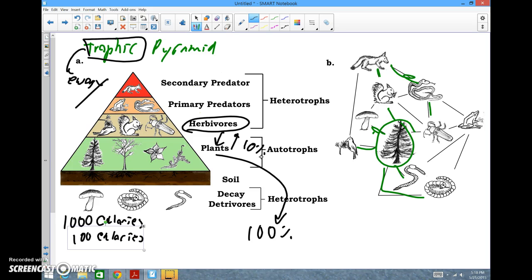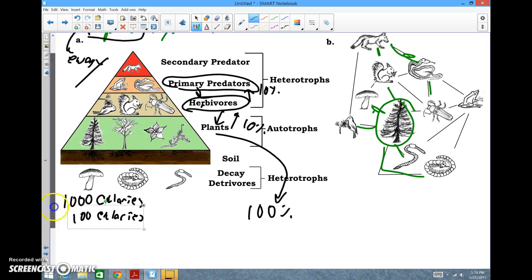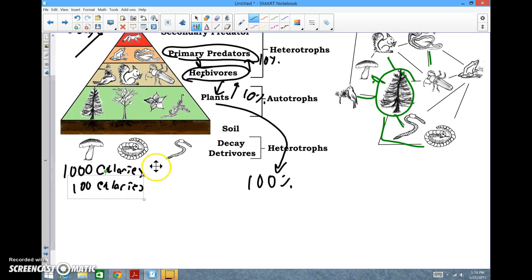So then, consequently, when these primary predators are eating these herbivores, so these primary predators get their energy from the herbivores who get their energy from the plants, another 10% of the energy gets used. So that means that if I started with 1,000 calories, my herbivores, so this is going to be my producers, my herbivores have access to 100. My primary predators only have access to 10.